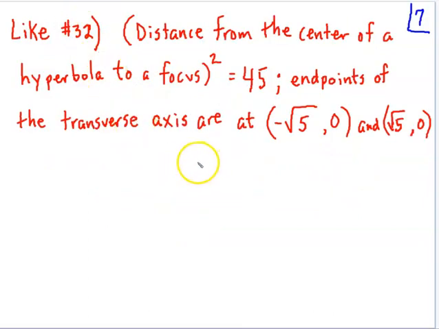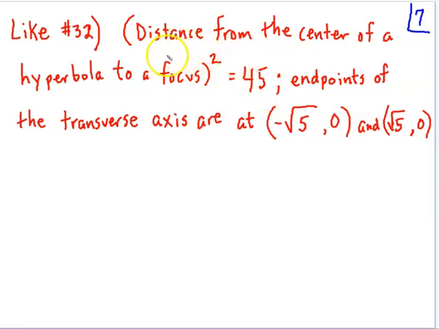I'm going to throw one more in because it's very much like number 32 on the assignment. The way it's worded is a little bit confusing to some people, but what they put here is this long phrase in the parentheses: the distance from the center of a hyperbola to a focus squared is 45.